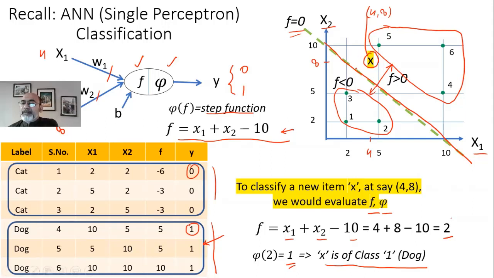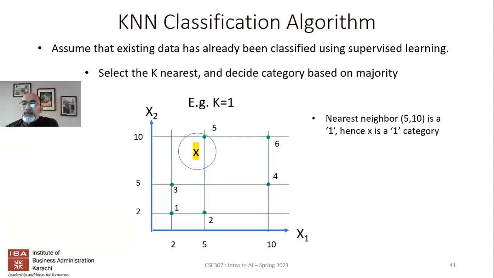So this is how the ANN algorithm would work, and this was somewhat of a recall, a review of what we've already done. Now let's take a look at the KNN algorithm. It operates quite differently, in fact. The basic idea is that there's a K, which is an integer, and it's generally an odd number.